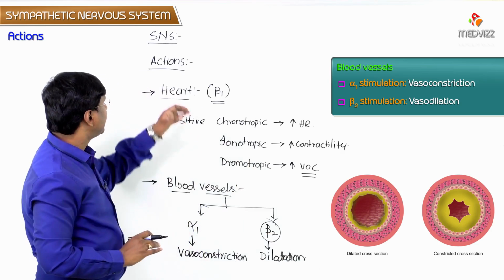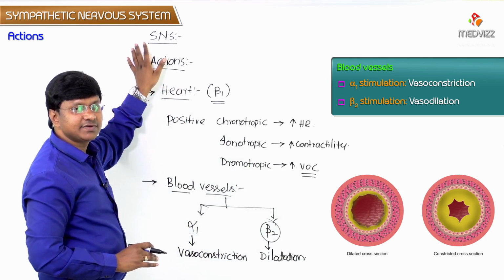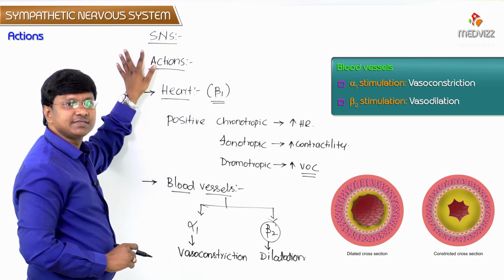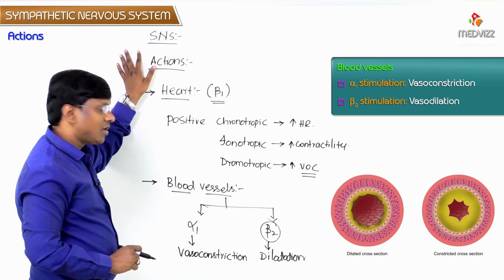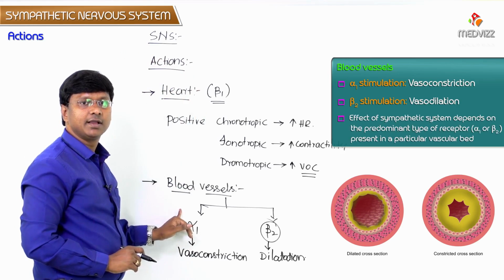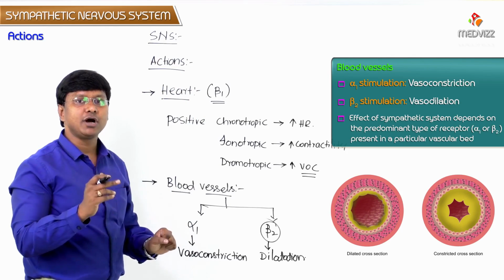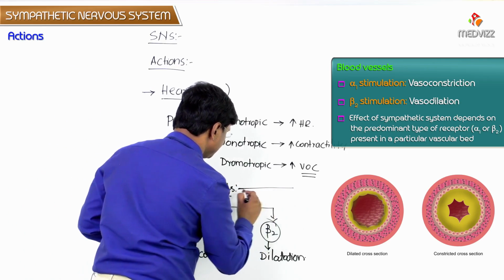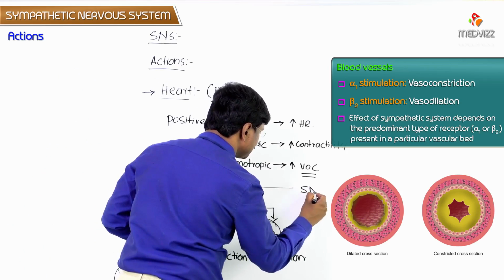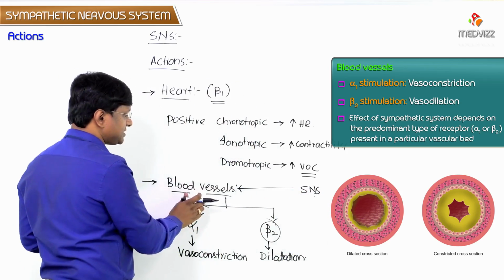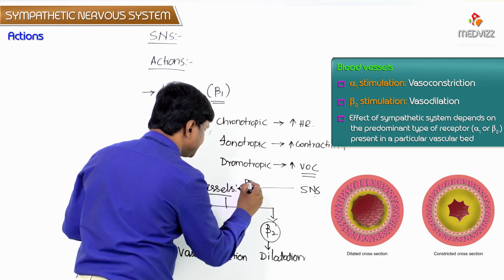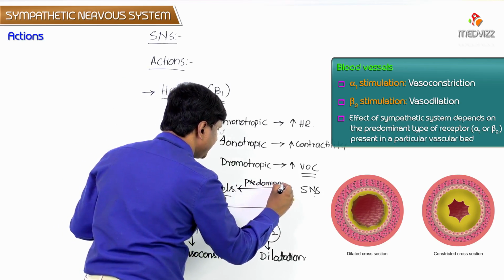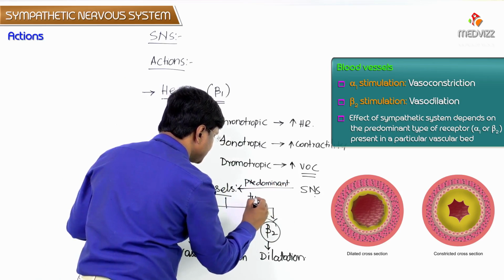Now remember this point: the effect of the sympathetic nervous system on the blood vessels depends upon the predominant type of receptors.